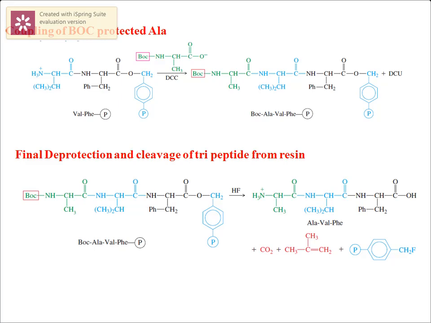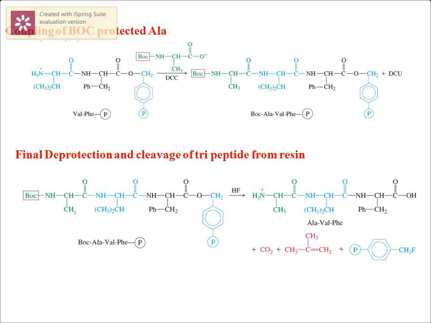And again, in solution phase peptide synthesis, you cannot add too many equivalents to push the yield towards 100%. But in solid phase peptide synthesis, you can push the reaction towards 100% yield by adding many equivalents of reagents, because purification is not a problem. So yield is high in solid phase peptide synthesis.